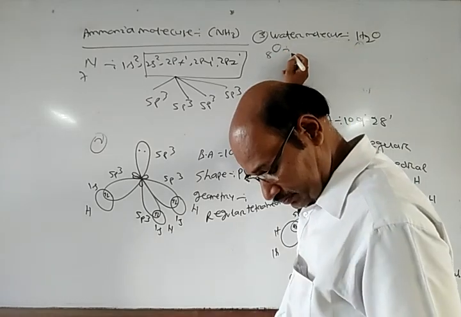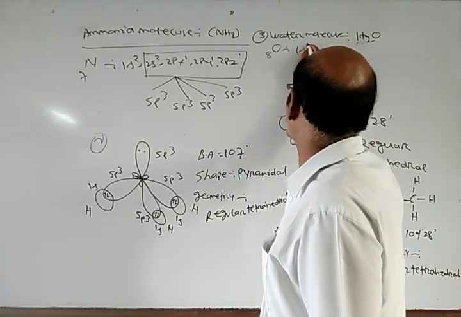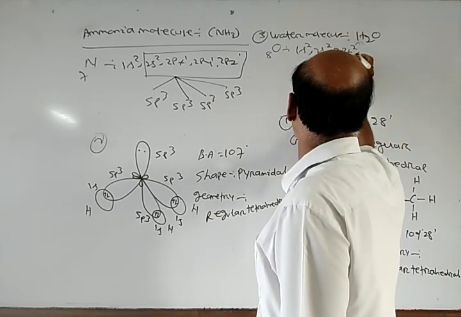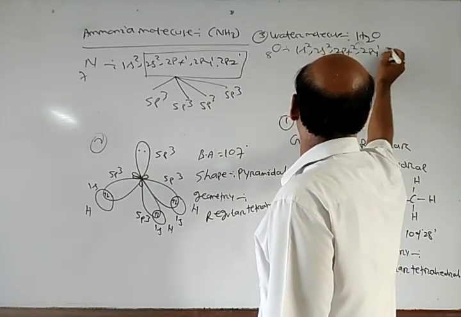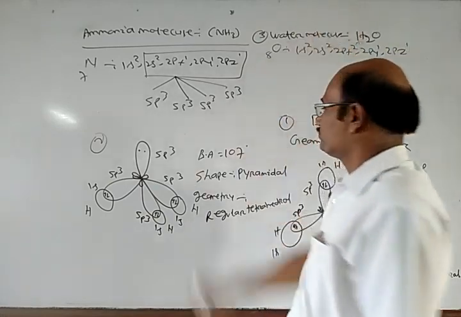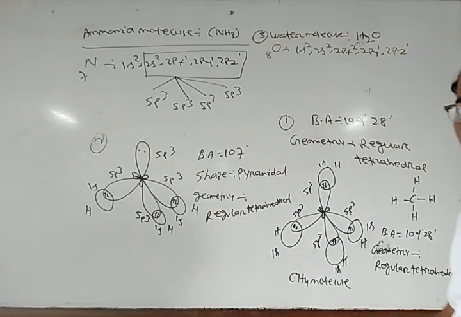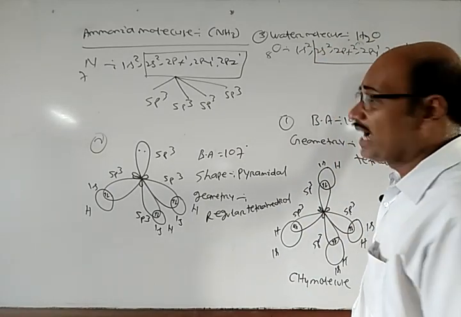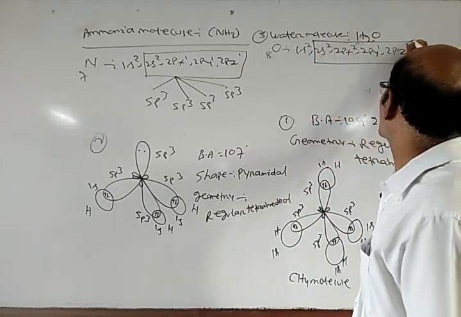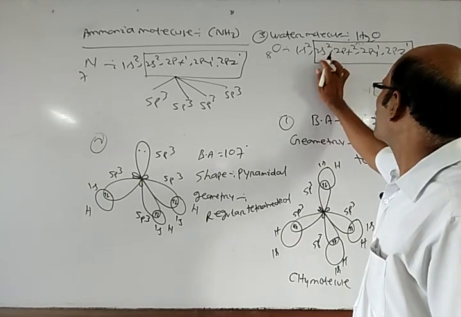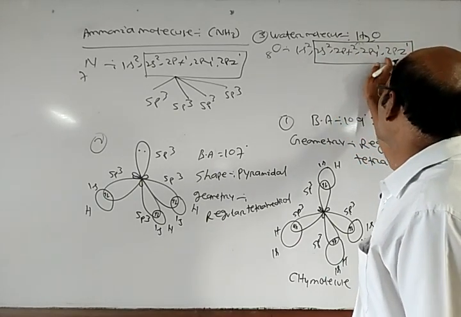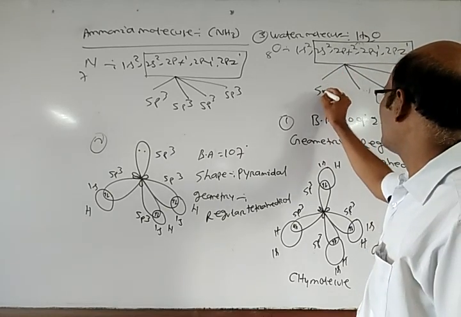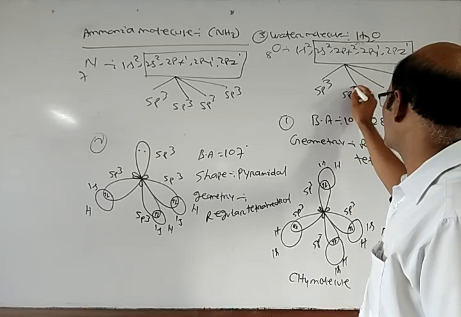O 8: 1s2, 2s2, 2px2, 2py1, 2pz1. So one s and three p orbitals undergo hybridization to give four sp3 hybrid orbitals.